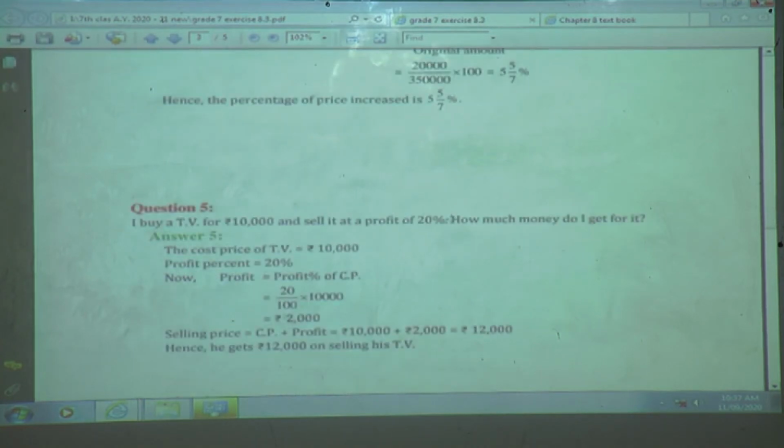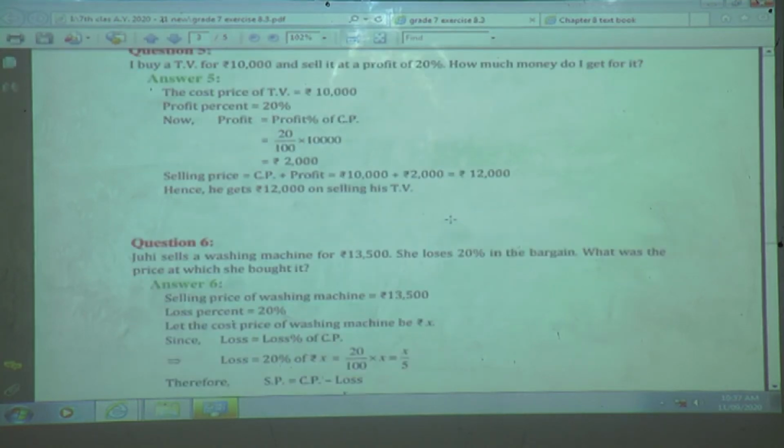Here one situation is that if I bought a TV for 10,000 and sell it at a profit of 20%, how much money do I get for it?